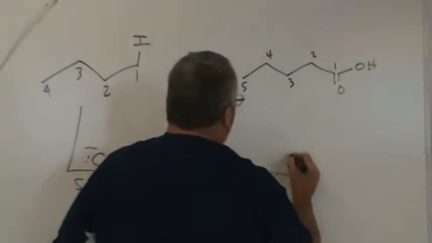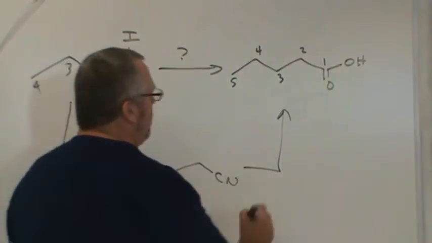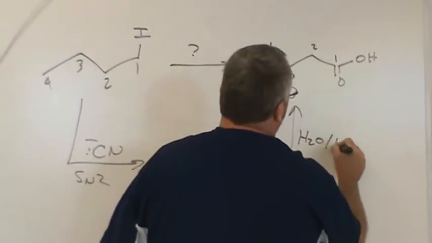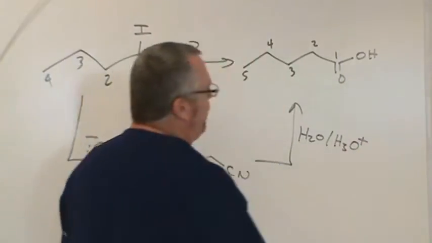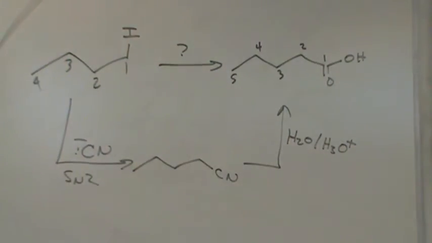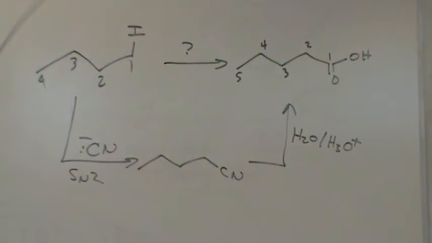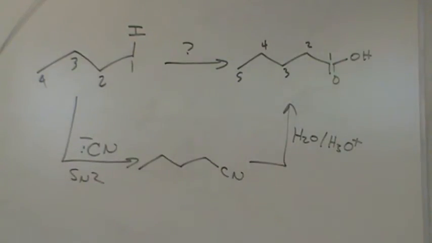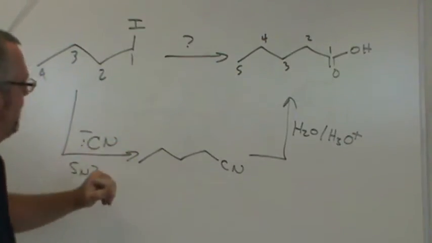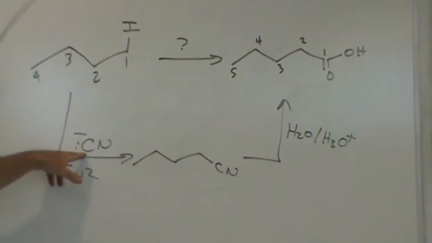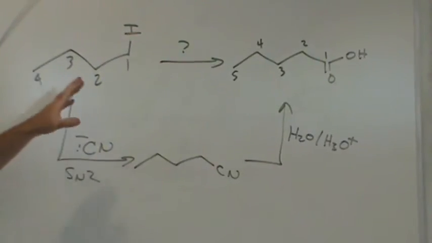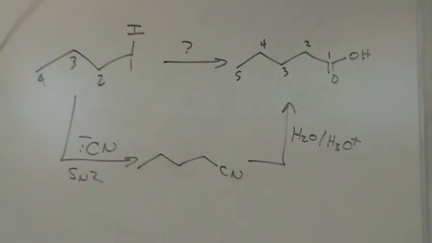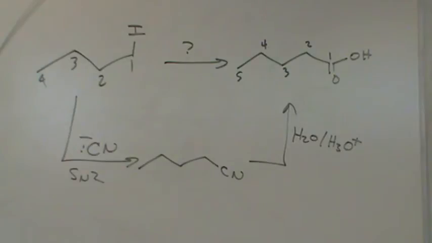And now I know that nitriles can be hydrolyzed under these acidic aqueous conditions to the corresponding carboxylic acid. Organic chemistry is all about building larger and larger and hopefully more useful organic compounds from smaller ones. What's nice about this reaction sequence is it allows us to increase our carbon count. We go from 4 carbons to 5 carbons, and that's usually the sort of thing that is quite useful.